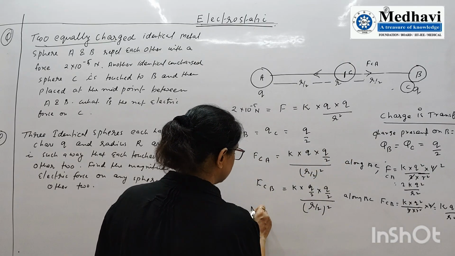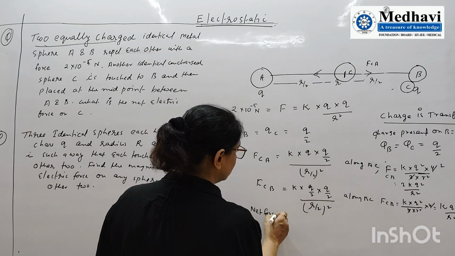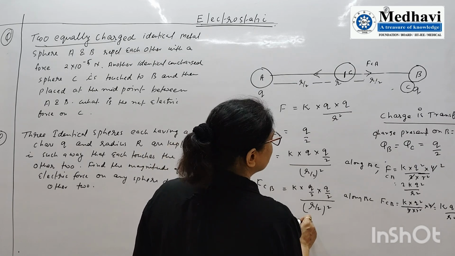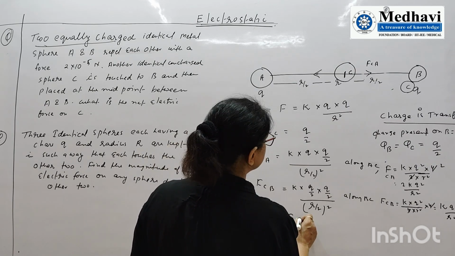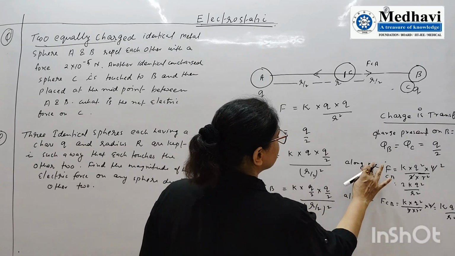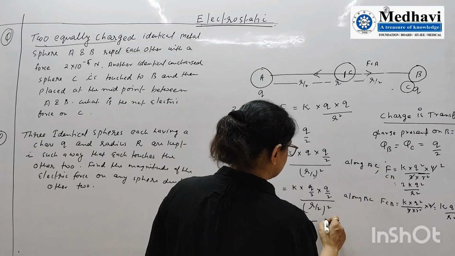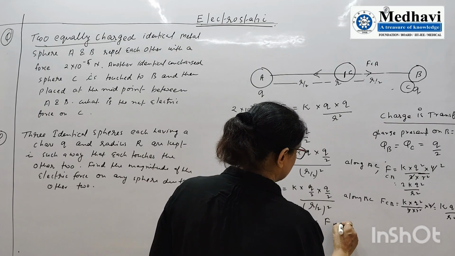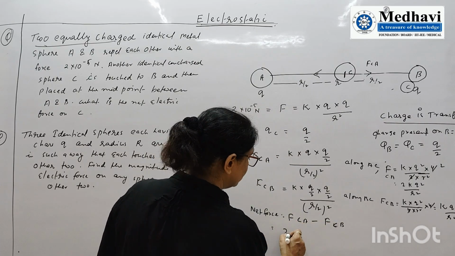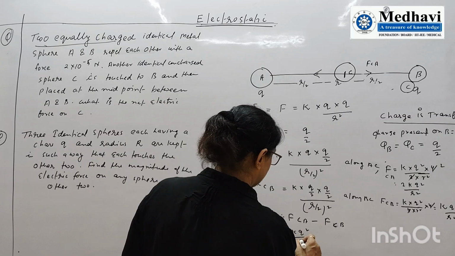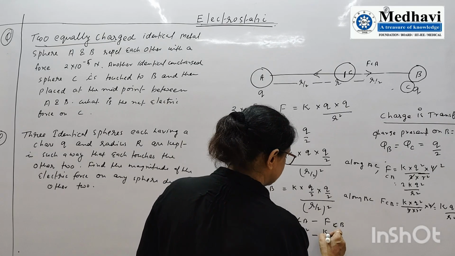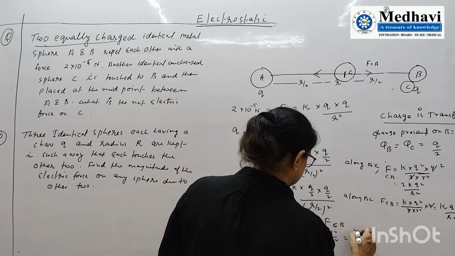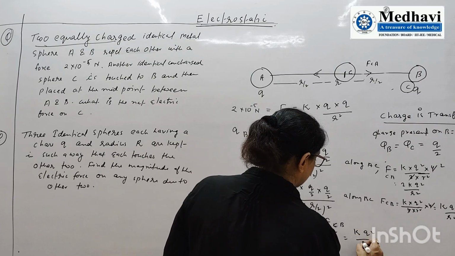So net force is equal to force applied on C due to A minus force applied on C due to B. So this will be 2K Q square by R square minus K Q square by R square. So we get the result, this is K Q square by R square.